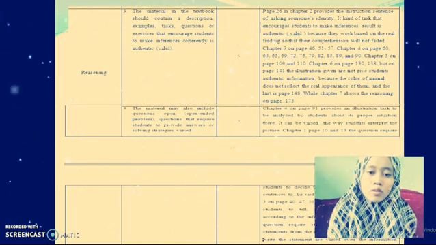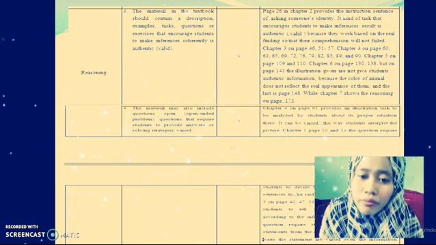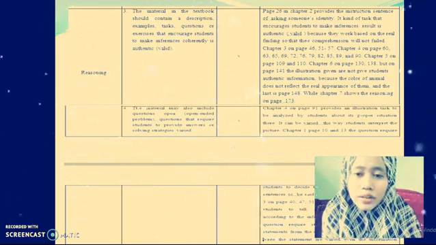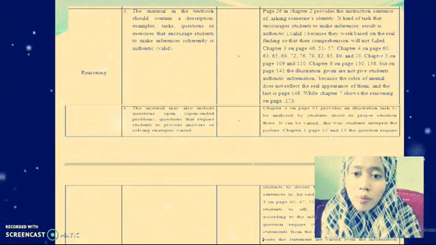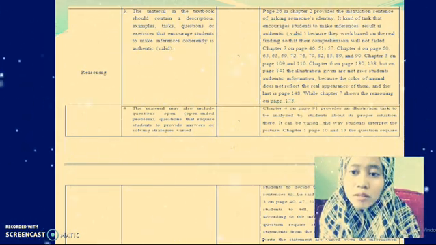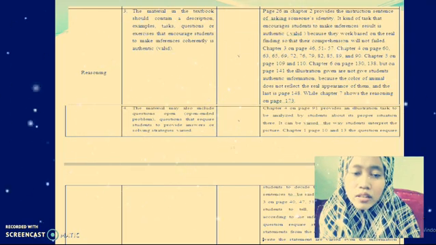The material may also include open questions or questions that require students to provide varied answers or solving strategies. This indicator is fulfilled because chapter 4 on page 91 provides an illustration task to be analyzed by students about its proper situation.